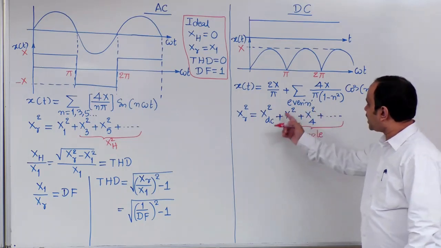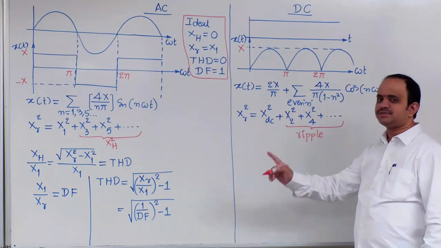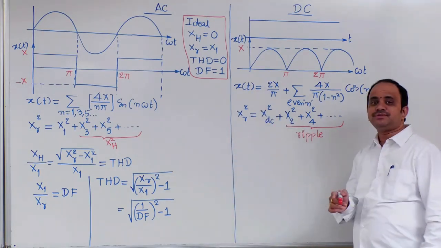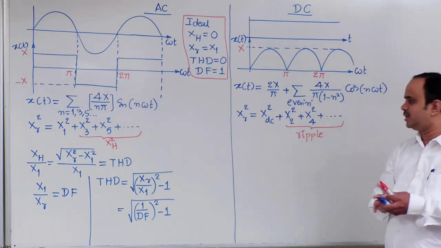So how to find RMS value of the ripple component? It is just nothing but RMS value of the harmonic component in the AC discussion. But here RMS value of the harmonic component, there is a special name for that, that is ripple component.